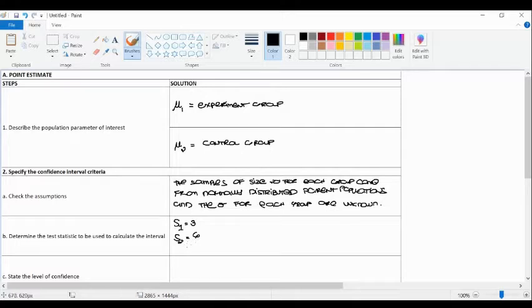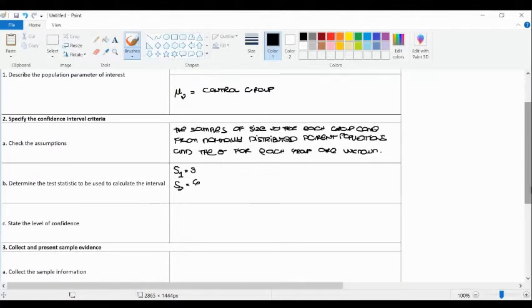Now we're going to state the level of our confidence. For this, we're going to use 95% confidence. So it has an alpha that is equal to 1 minus 0.95, that will be equal to 0.05.